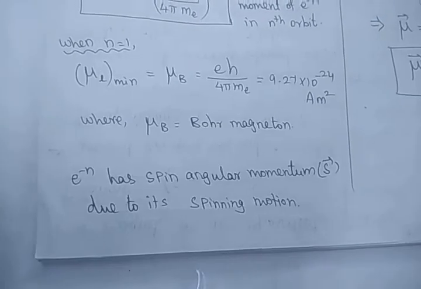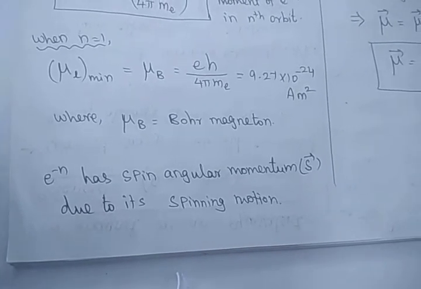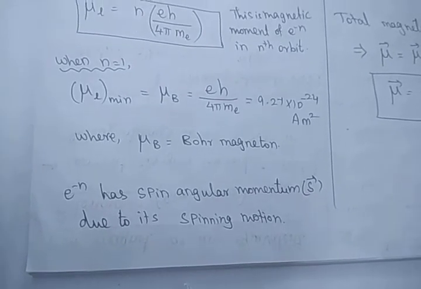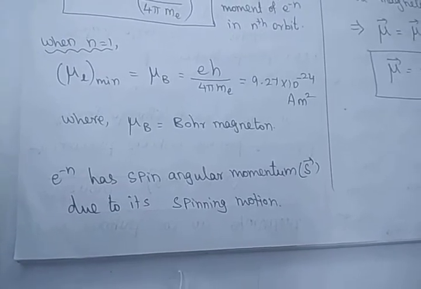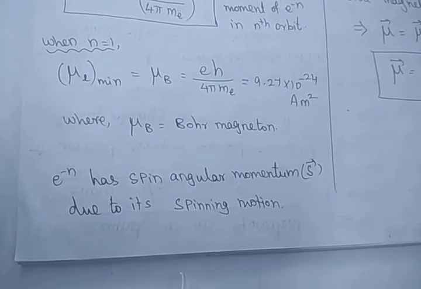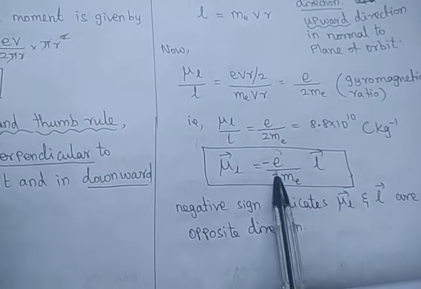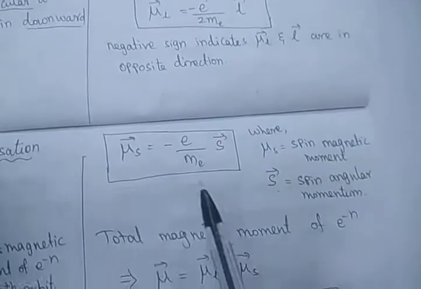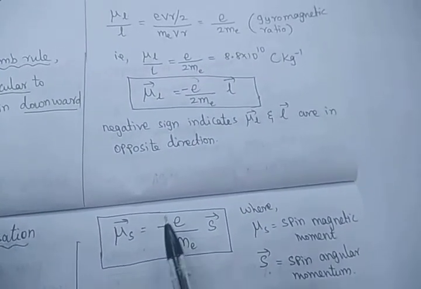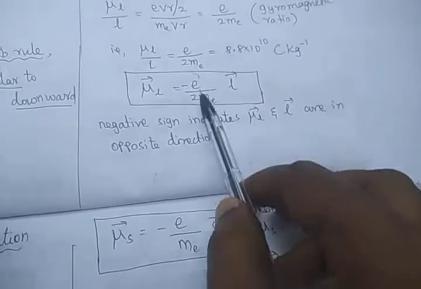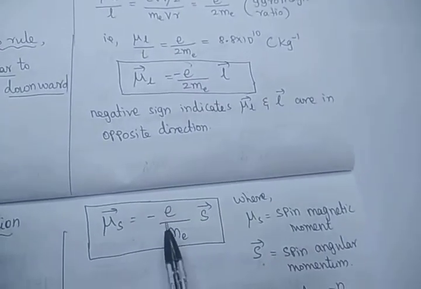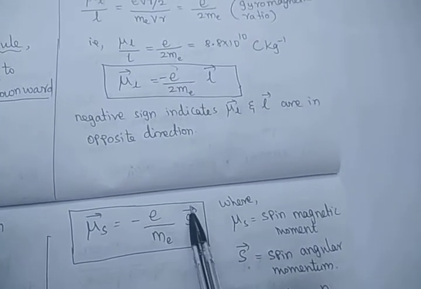Electrons not only revolve around the nucleus, they also spin. So the electron has a spin angular momentum S vector due to its spinning motion. Similar to mu L vector, which is equal to minus e by 2 me L vector, we can represent mu S vector as minus e by me into S vector.